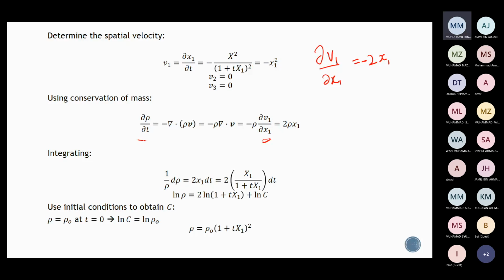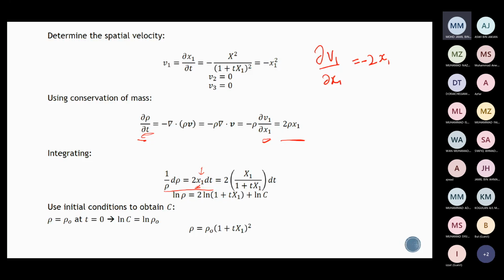And then you can integrate this relationship. So first rearrange, rho on one side and time on the other side. So you get this. And then because of x1 here, you cannot integrate this because you don't have time here.